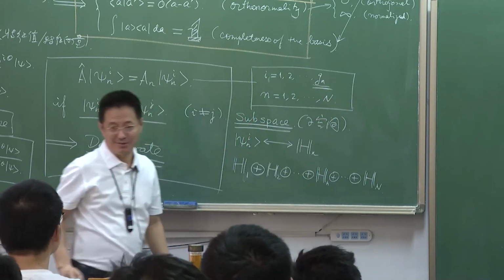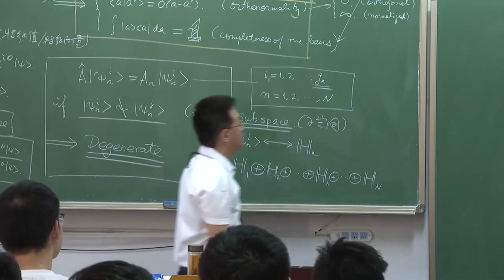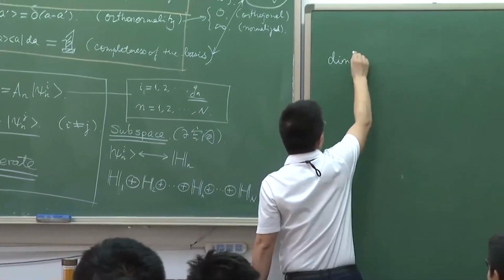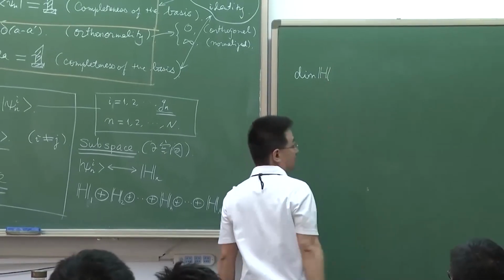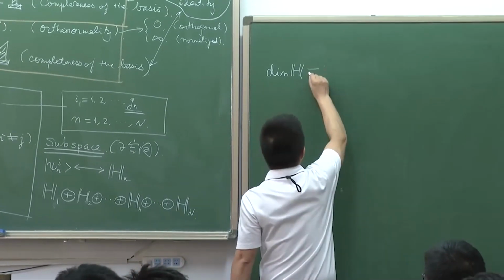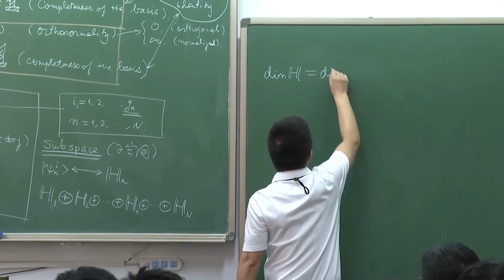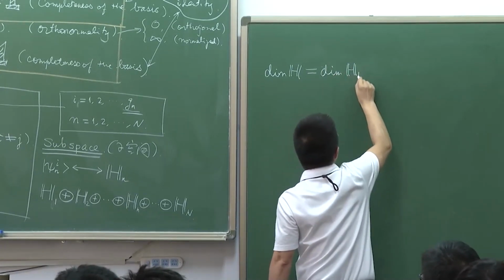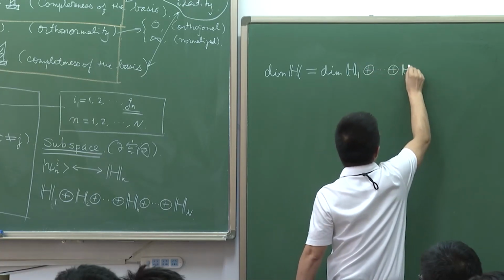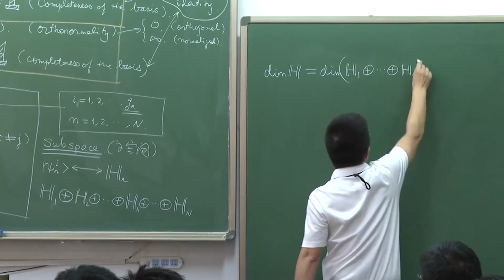Gn dimensional. And so the total Hilbert space for your eigenspace is equal to the sum of the subspaces, right?